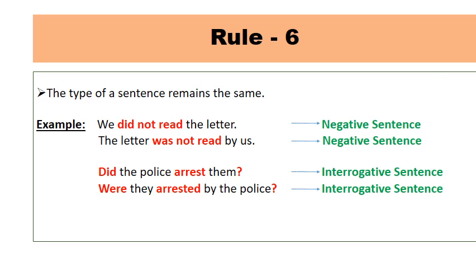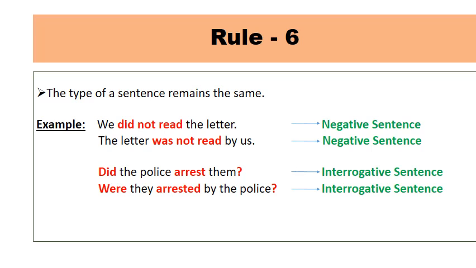And this is the last rule. Rule number 6. Dear students, while changing active voice into passive voice, the type of a sentence remains the same. It means if the sentence in the active voice is negative, the sentence will remain negative in the passive voice also.